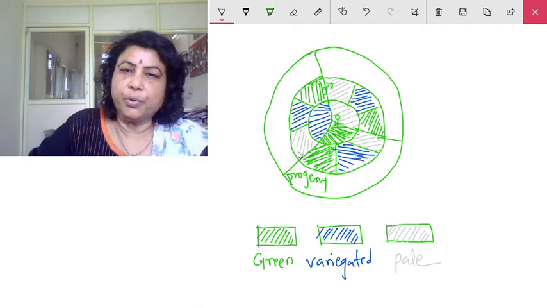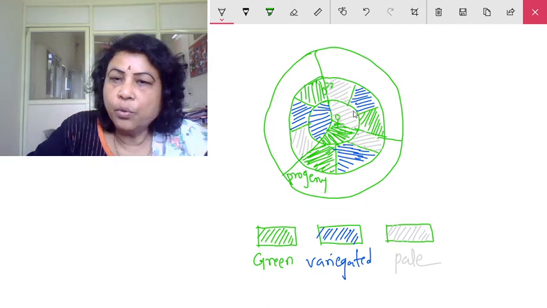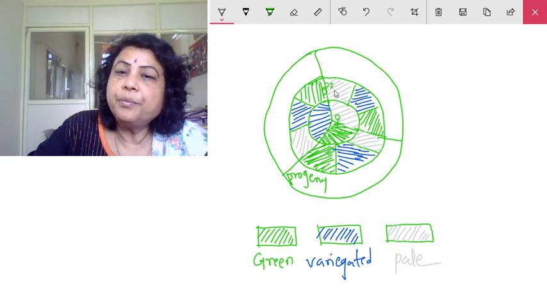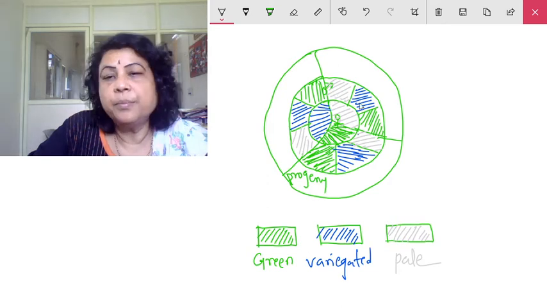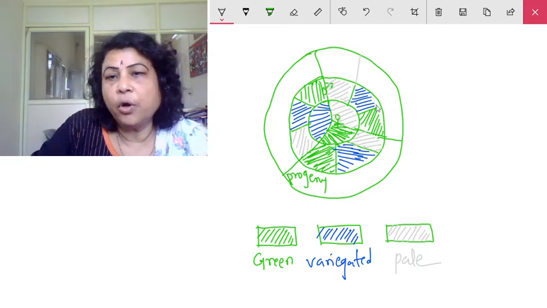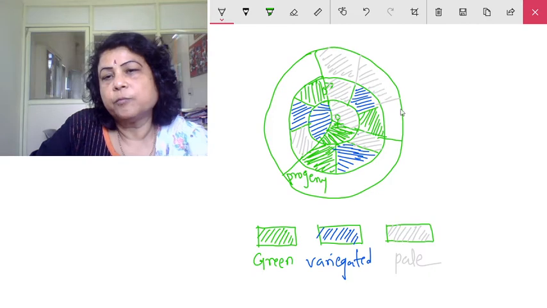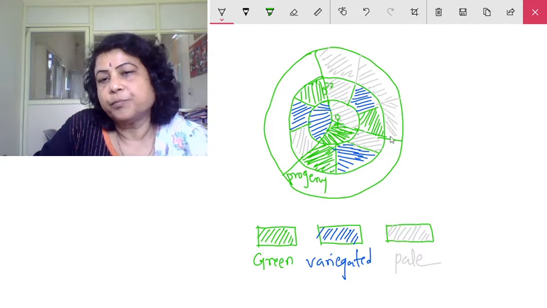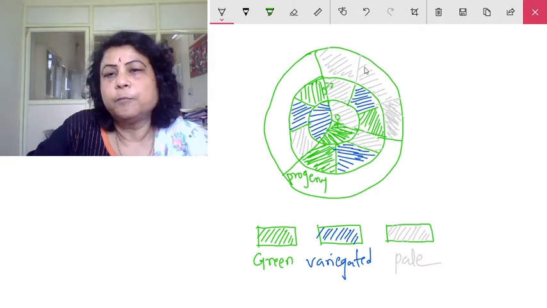Now here the pale. If the ovule is pale, even though the male may be pale or variegated or green, it produces progenies that are all pale.